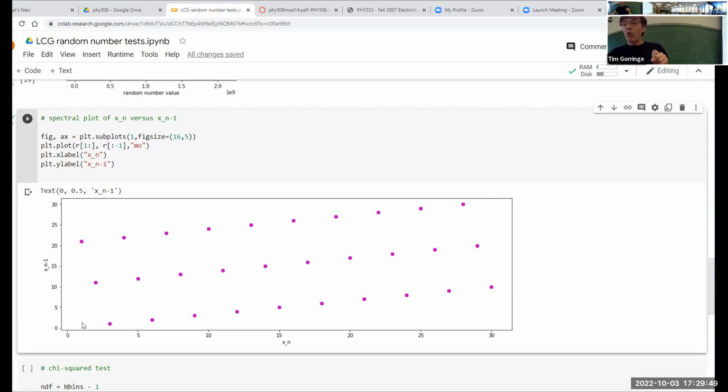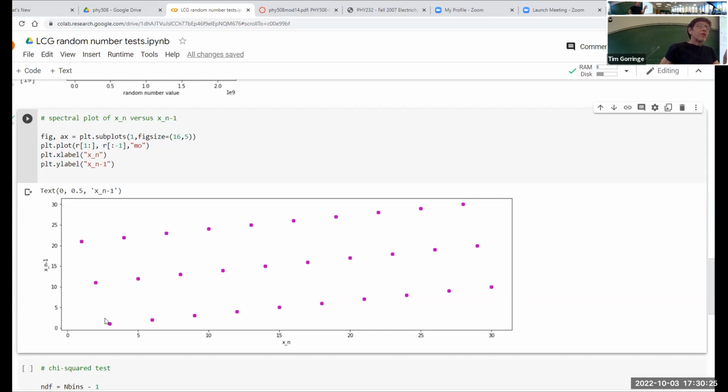I think I generate all the numbers from 0 to 30 if you look horizontally. But there's a pattern between xn and xn minus 1. You can see these planes. These are called hyperplanes. You can plot this in 3 dimensions too, with xn, xn minus 1, and xn minus 2, and then you get hypersurfaces or hyperplanes.